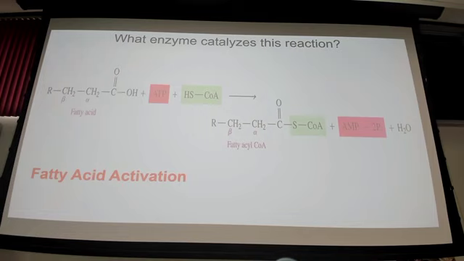Yes. When the Cat 1 enzyme catalyzes the reaction, does it lose the CoA? Before you finish your question, what enzyme catalyzes this reaction? It's acyl CoA synthetase, not Cat.